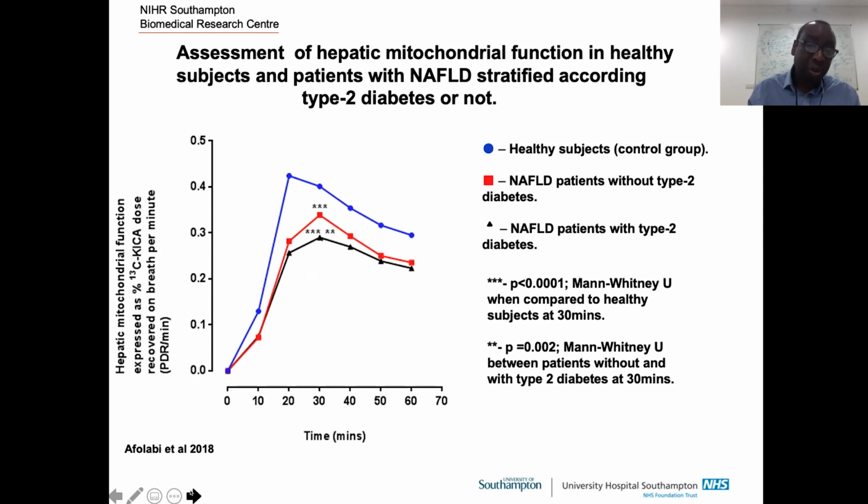And as you can see from the plot, where we plotted hepatic mitochondrial function against time using the 13C kicker breath test, we were able to show that there were differences in hepatic mitochondrial function in patients with NAFL with type 2 diabetes from patients without type 2 diabetes. And also there was a difference between the two groups when it was compared to healthy subjects.